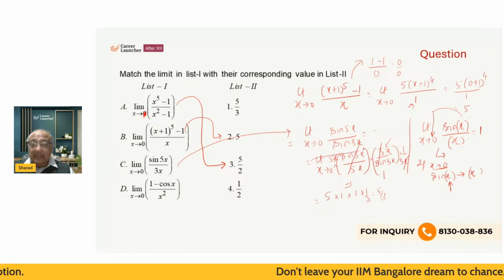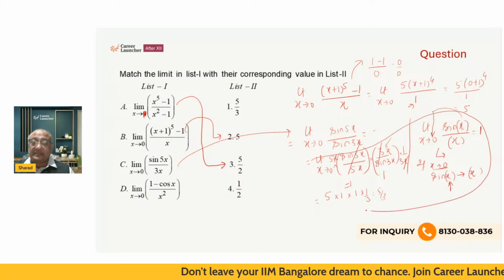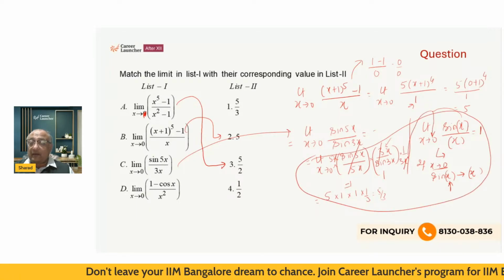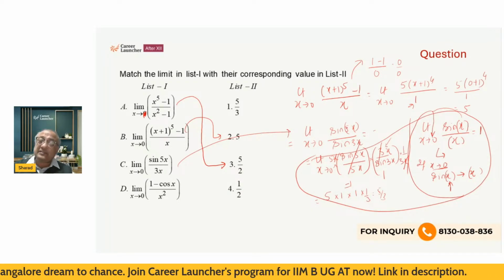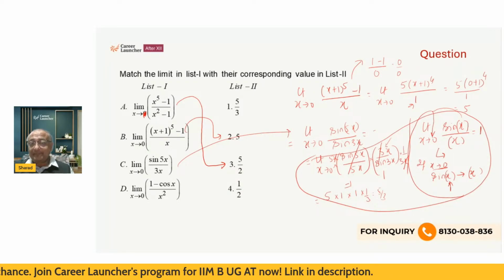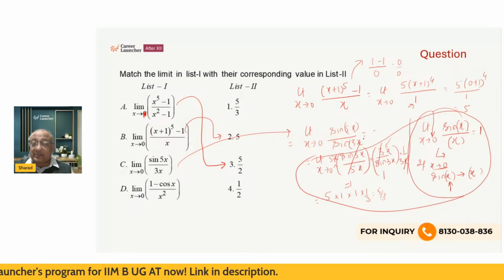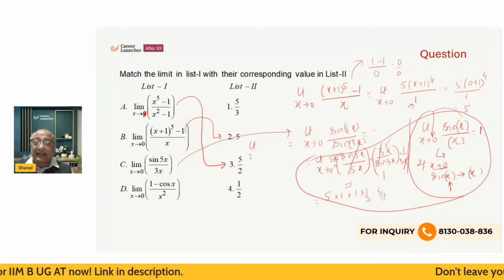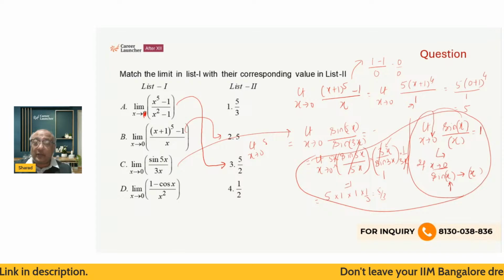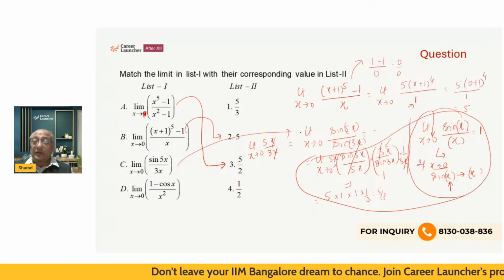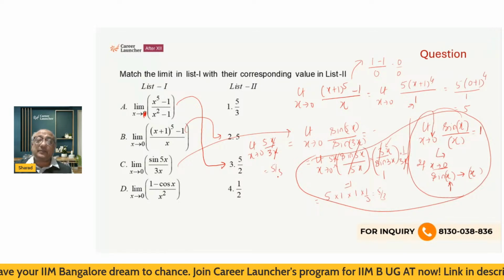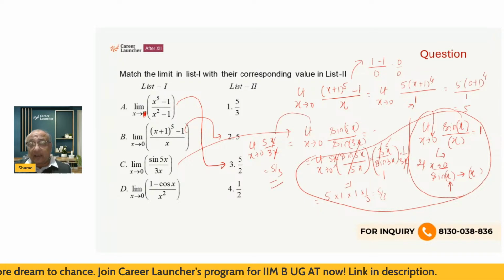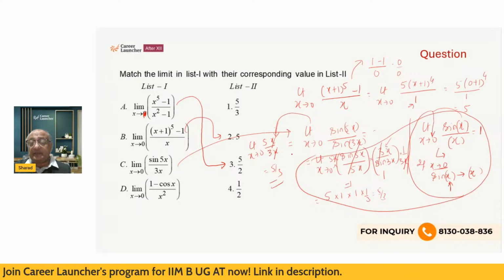Now, all this which we have done is necessary if I know my concept. So if x tends to 0, kids, 5x will also tend to 0, 3x will also tend to 0. So why can't I write here limit x tends to 0, 5x by 3x? Just because sine 5x is tending to 5x, sine 3x is tending to 3x. Next step, the answer 5 by 3. So this is a jugaad technique, a shortcut.